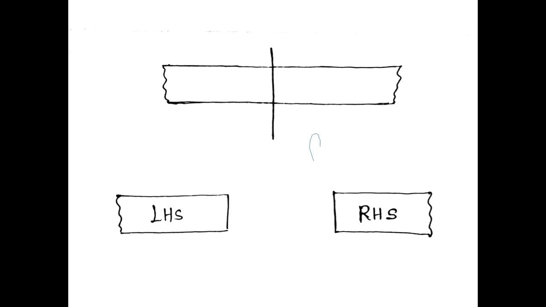Now analyze the internal forces on the LHS and RHS surfaces. LHS and RHS internal forces are in opposite directions to each other. If the two portions are combined, both eliminate each other.